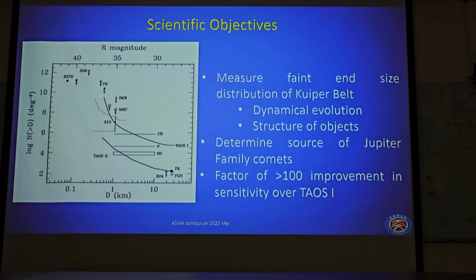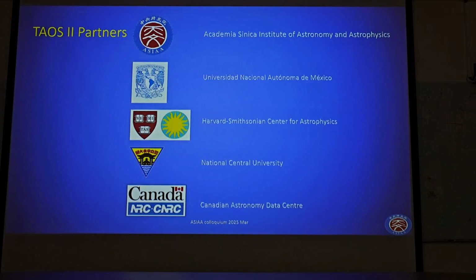So when we started TAOS II, we hoped we could have a factor of 100 improvement in sensitivity over the first generation of TAOS. This project has been a collaboration with UNAM in Mexico, CfA, Central University, and also the CADC.